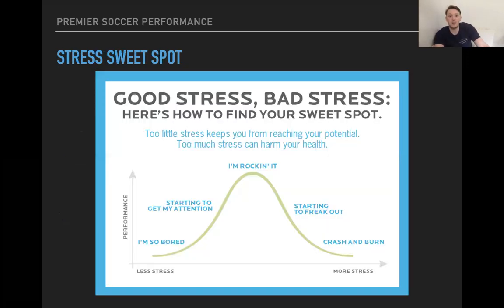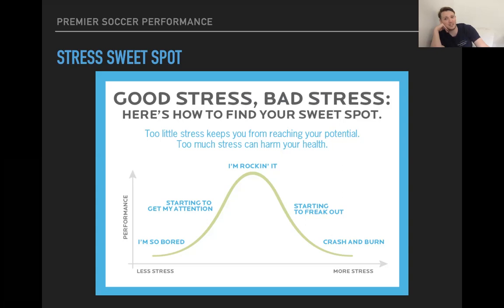So for that, we need to really talk about what's called the stress sweet spot, right? If you look at the left side of this graph here, the "I'm so bored, starting to get my attention" side, that's what we call underdosing, right? They're not really getting enough of a stressful stimulus. They're not training hard enough to really reap the benefits. Now, if we look at the right side, your athletes may start to freak out with the load or they get into this burnout phase.